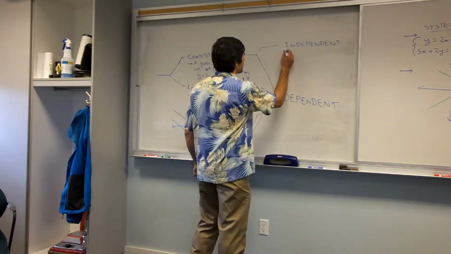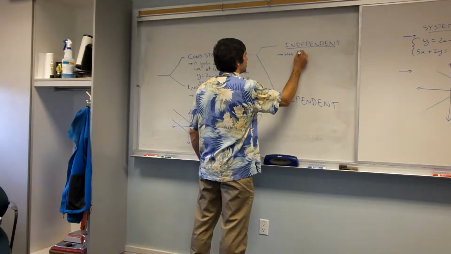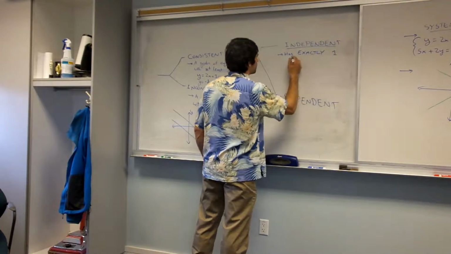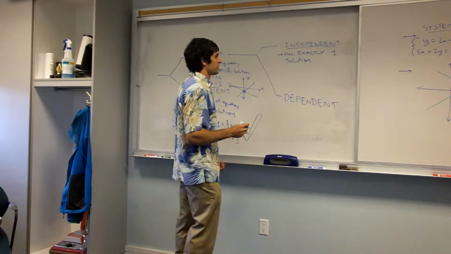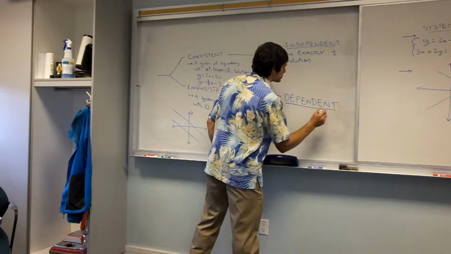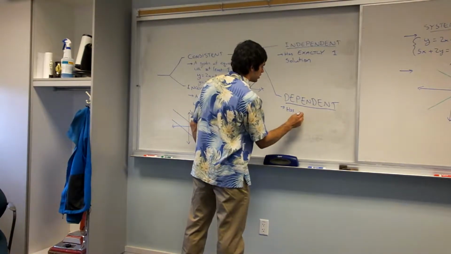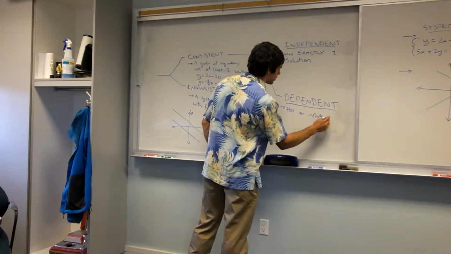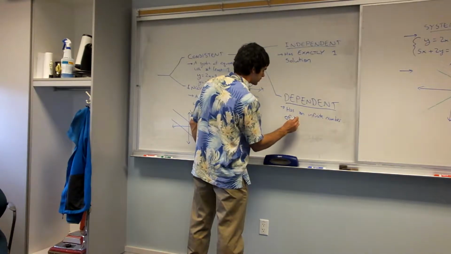An independent system of equations has exactly one solution, whereas a dependent system of equations has an infinite number of solutions.